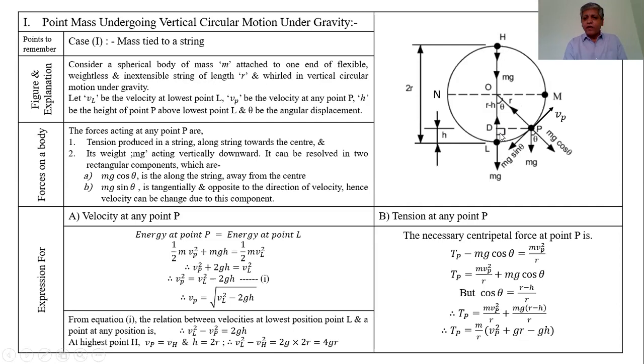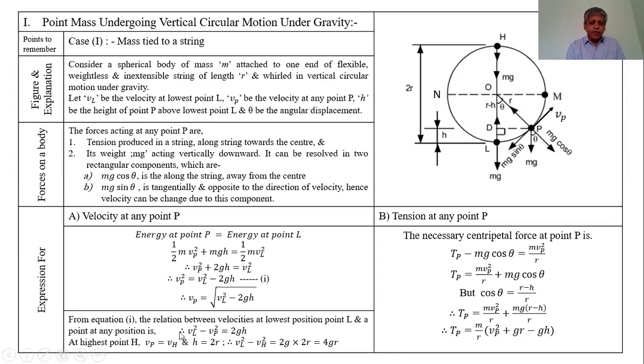Now, let us find the relation between the velocities at the lowest position and at the highest position. When the particle moves from the lowest position to the highest position, the height becomes equal to the diameter of the vertical circle, that is h is equal to twice r. Instead of point P, we consider the highest point, so the speed at the highest point is Vh.